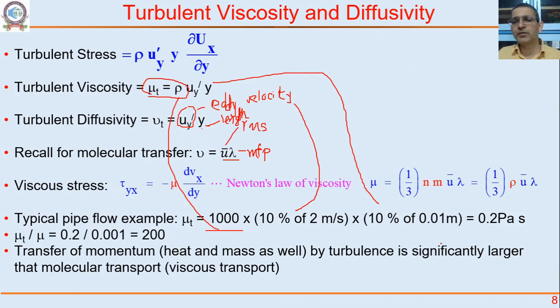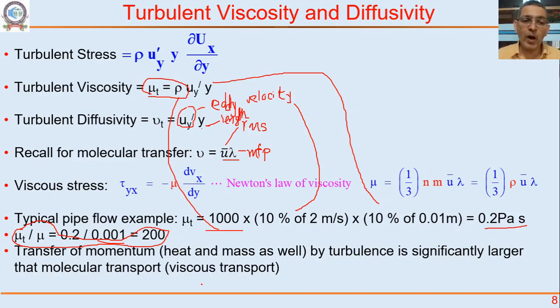You will find that the viscosity is 0.2 pascal second, whereas viscosity of water is 0.001 pascal second. The ratio of eddy viscosity to molecular viscosity is a factor of 200. Transport of momentum by eddies is 200 times more rapid than by viscous transport.